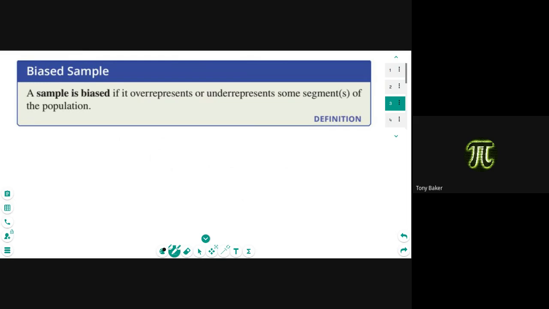In statistics, we look at it when it doesn't represent everybody equally, or to the level that they should be represented. So when you're grabbing samples, you want to make sure they represent the population that you're looking at in its entirety.